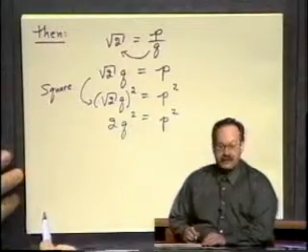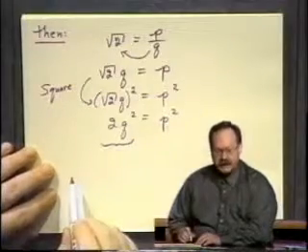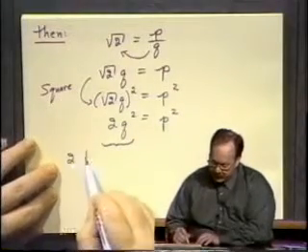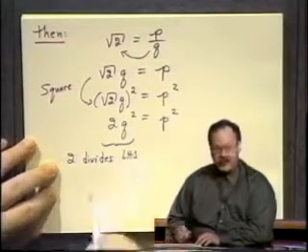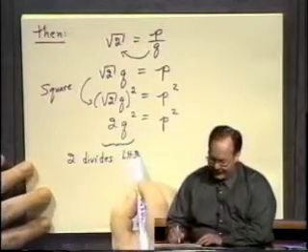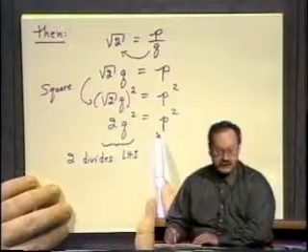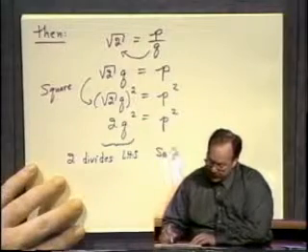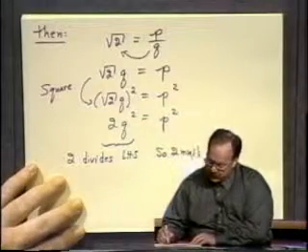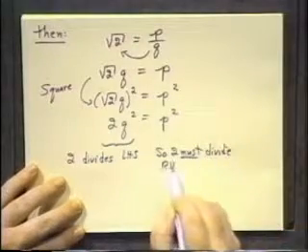Now here's our first observation. Notice that 2 divides the left-hand side, LHS, that's my abbreviation for left-hand side. So since it divides the left-hand side, and the right-hand side is equal to it, 2 must divide the right-hand side.